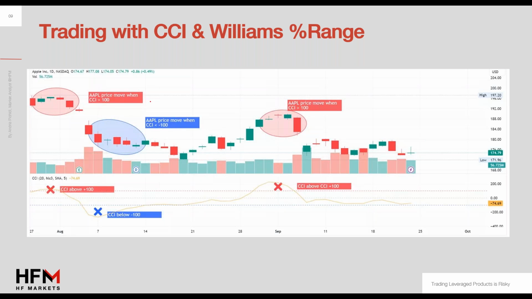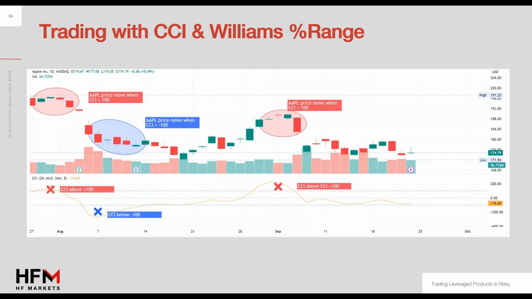So in this example, let's get back to the example. Remember that it's an oscillator, right? We have Apple in a daily chart. As you can see, on the 27th, that should be somewhere between the 28th, 29th of July, first of all, the CCI moved past the 100 threshold.